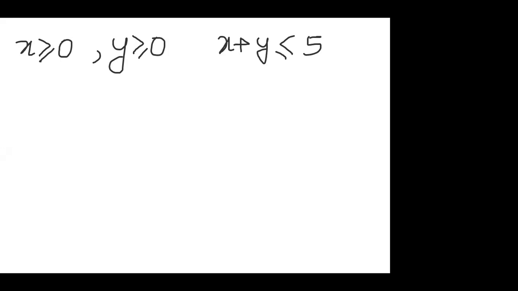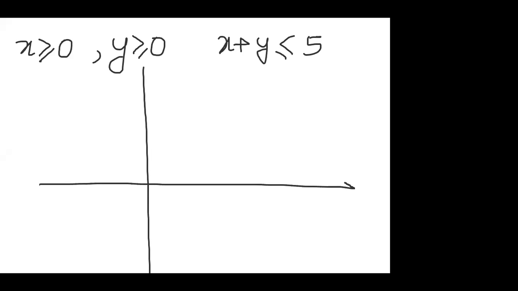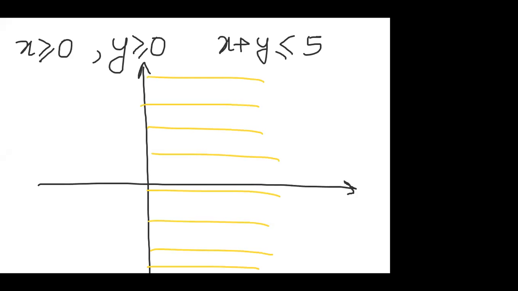So first step is to draw the graphical conditions. First condition and second condition, X is greater than or equals to 0. I'm explaining you this with a very interesting part. This whole region is representing X greater than 0.